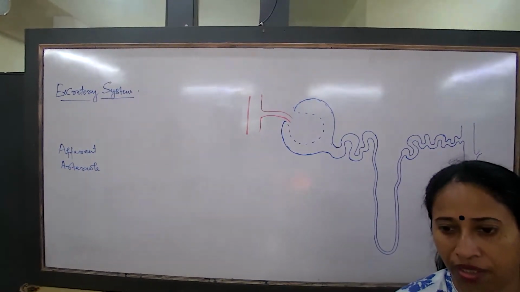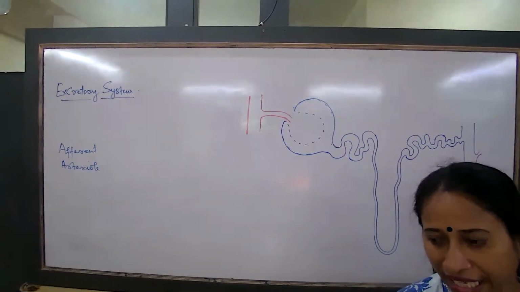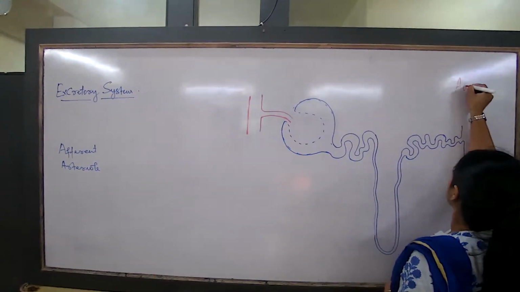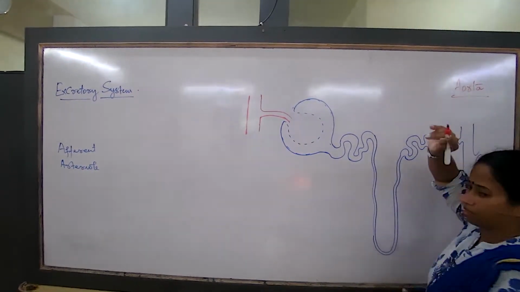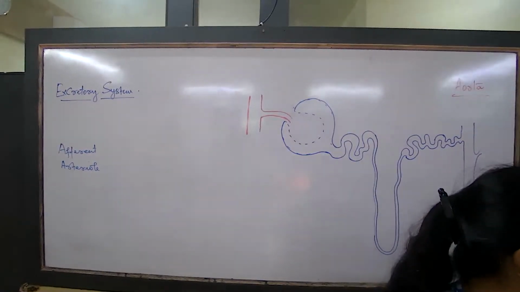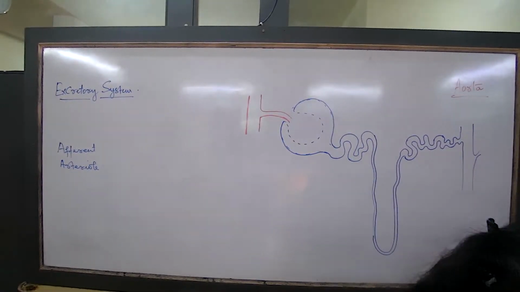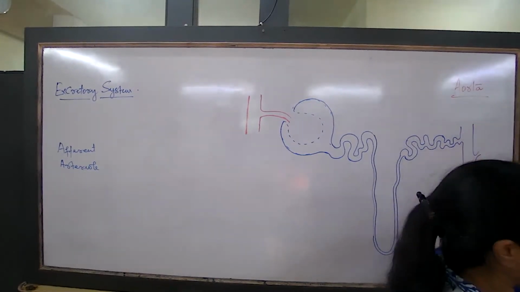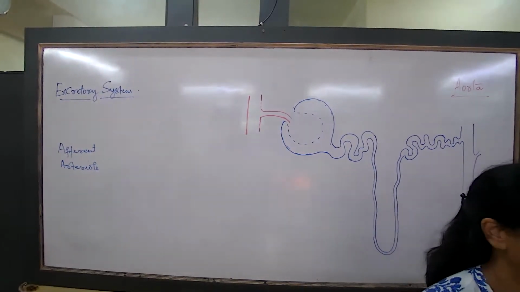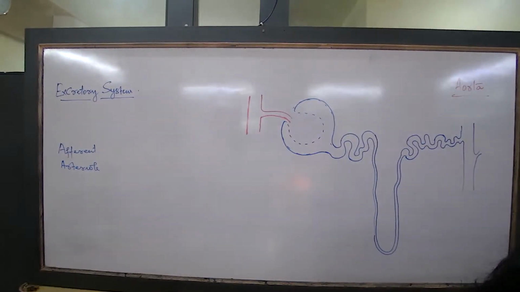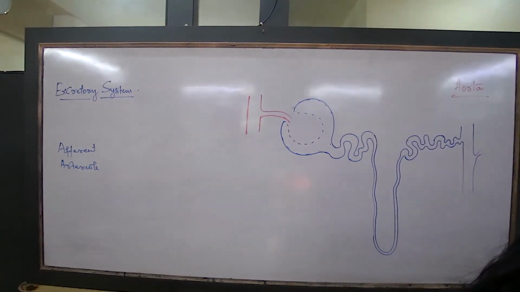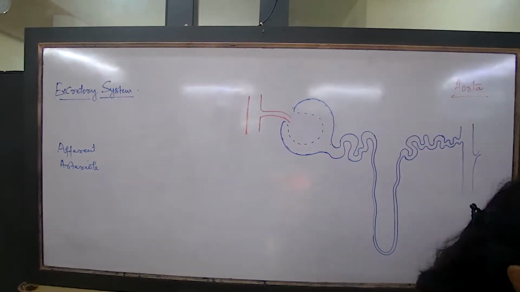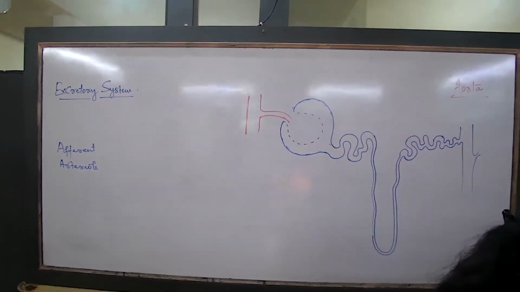A-O-R-T-A. You are writing the points of renal artery, right? Renal artery, branch of aorta. Just the other day you had drawn the diagram. Did you complete the diagram or not? You were absent? Now complete that diagram.